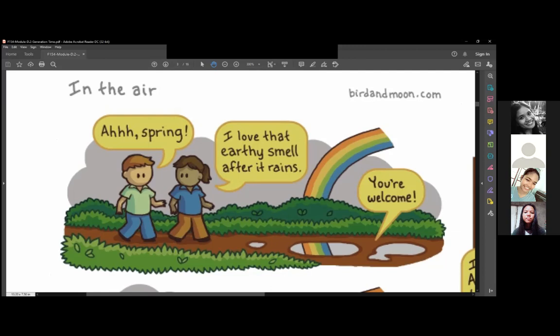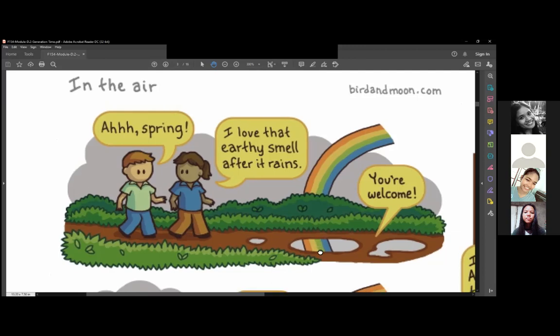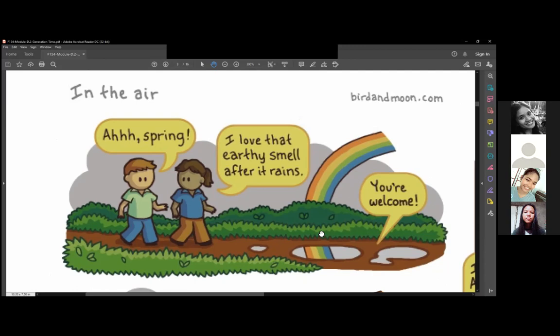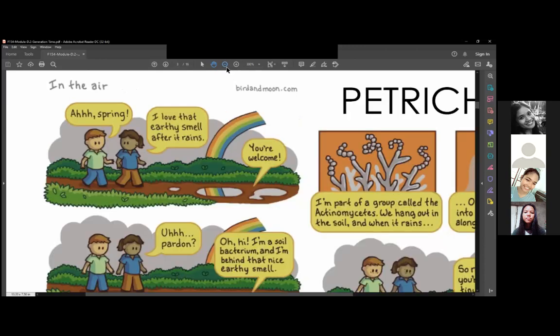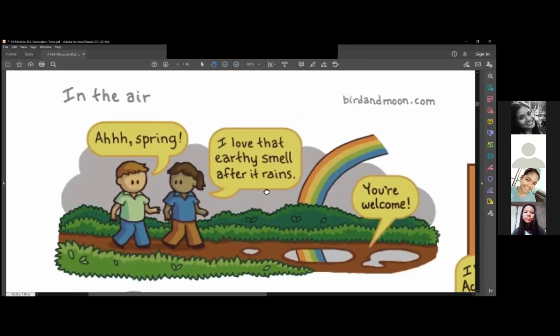Si Shred yung bacteria, si Riza May yung isang bata, tapos yung isa pang bata, si Nancy.